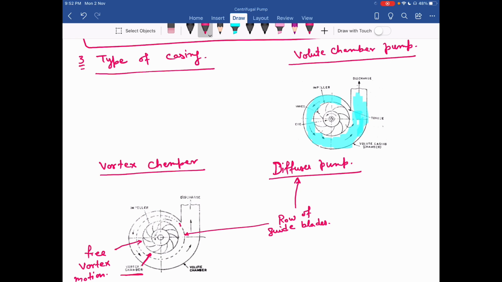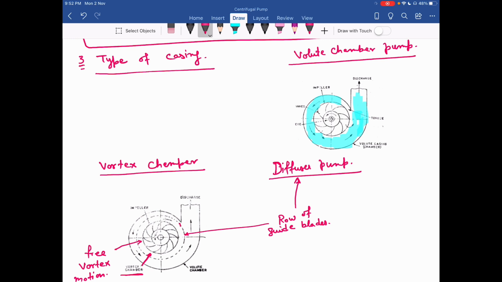Now, when you have the guide blades instead of the vortex chamber, there is a smooth change of direction of flow of the fluid going out from the impeller to the casing. Hence it further increases the efficiency of the pump.